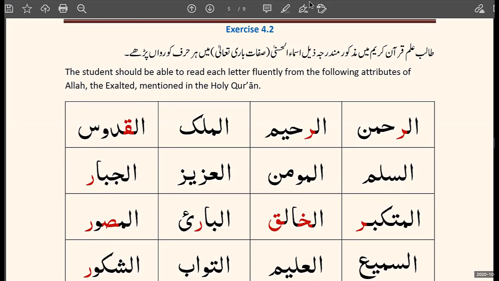Ya, No, za, za, za. Za, Ya, Za, Alif, Lam, Jim, Ba, Alif, Ra.